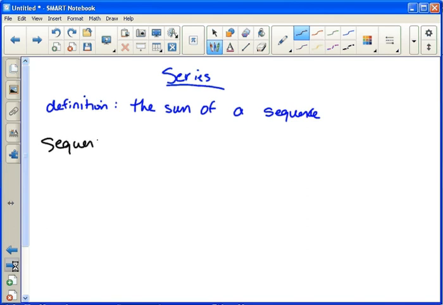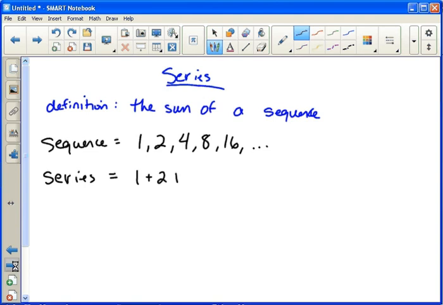A series is 1 plus 2 plus 4 plus 8 plus 16, and so on. So a sequence is simply a list of numbers. A series adds all those numbers together. And one of the main ways we're going to handle series is through something called sigma notation. Okay, so sigma notation.